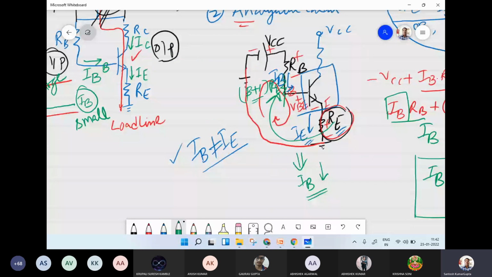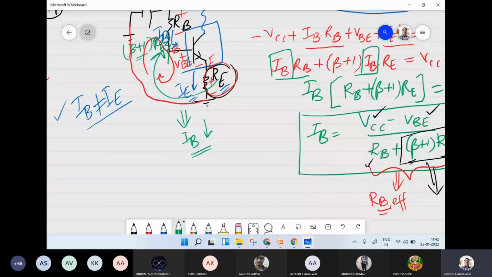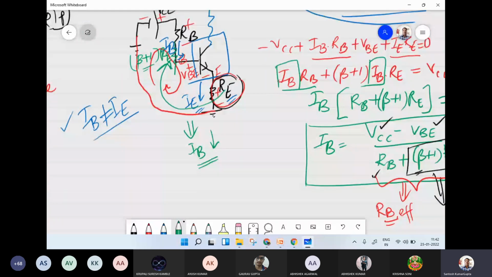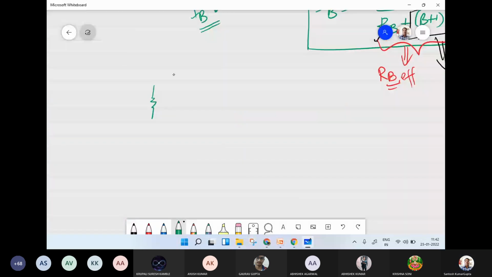Now once we know the value of this base current IB, we can again find out the other values as we have already done. We can redraw this circuit here: RC, RE, and then VCC, and of course we have this VCC, RB.